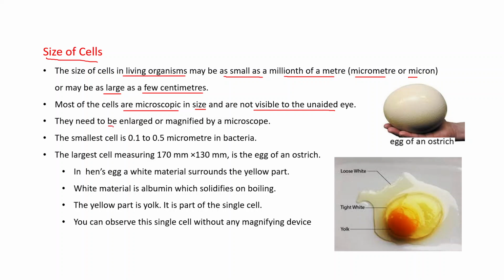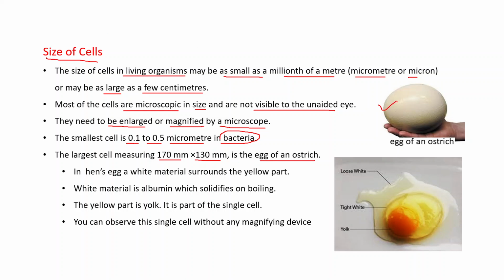They need to be enlarged or magnified by a microscope. The smallest cell is 0.1 to 0.5 micrometer in bacteria. And the largest cell, measuring 170 mm by 130 mm, is the egg of an ostrich.